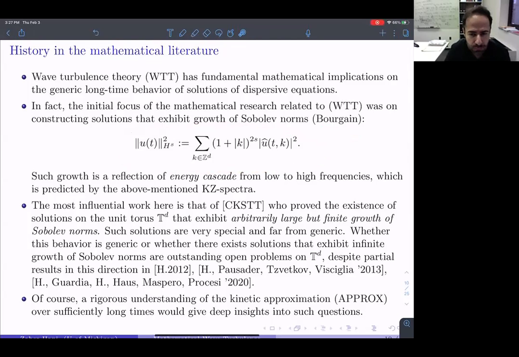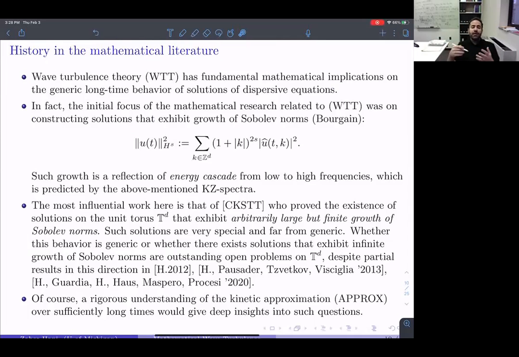What they prove is that there exist solutions that exhibit arbitrarily large but finite growth of Sobolev norms. So there are solutions that start small in H^s and at later times become large in H^s. However, those solutions are in a way very special, and they are far from being generic solutions.